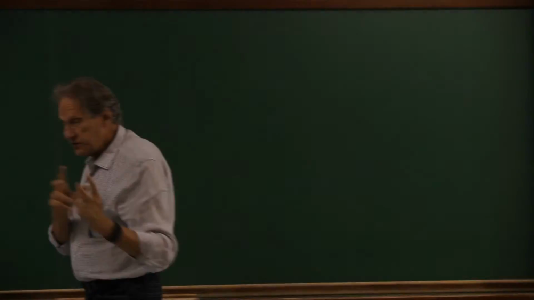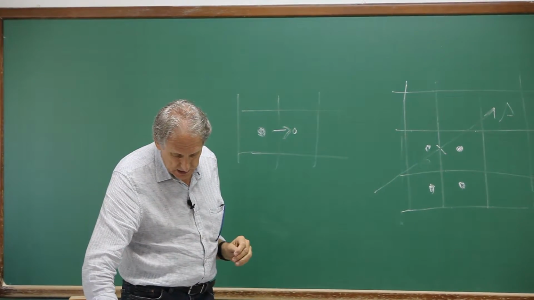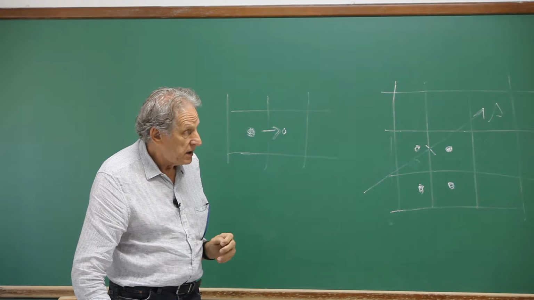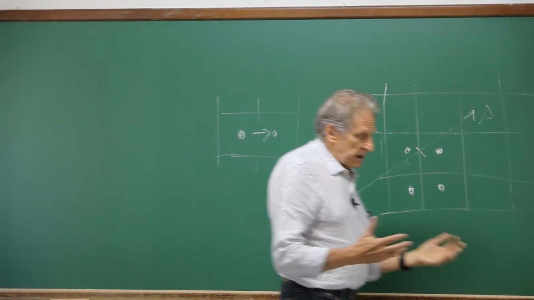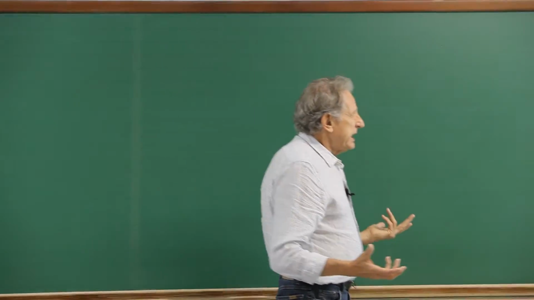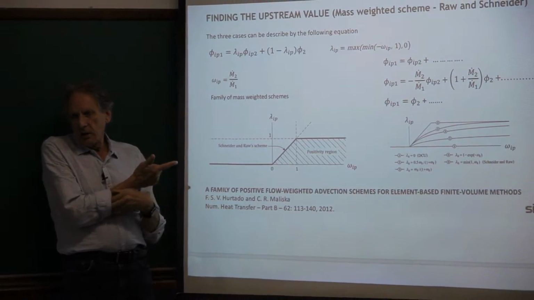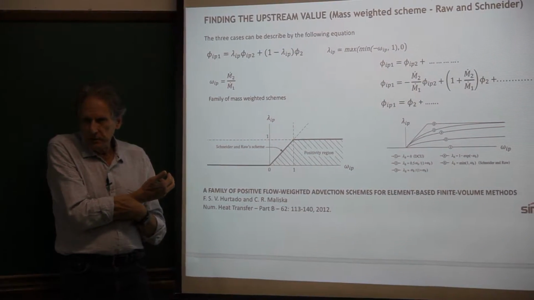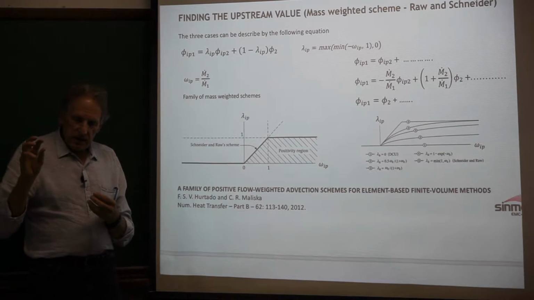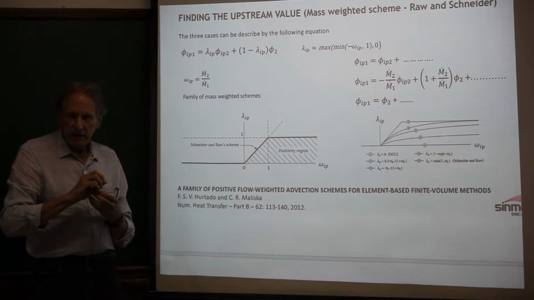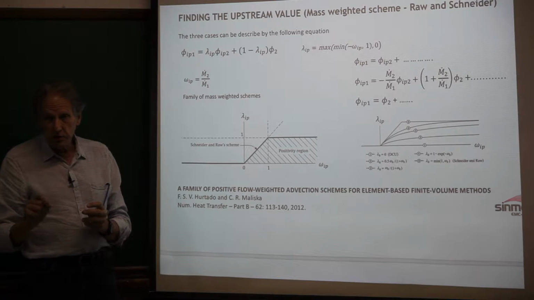This scheme, in these three cases that you are dealing with, can be expressed or written in just one equation. Because it was clear in the previous slides that in one case the phi in integration point 1 was dependent only on the phi in IP2.